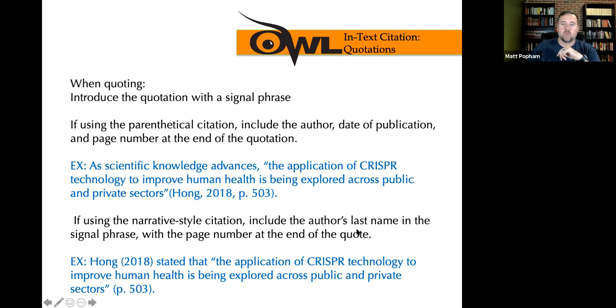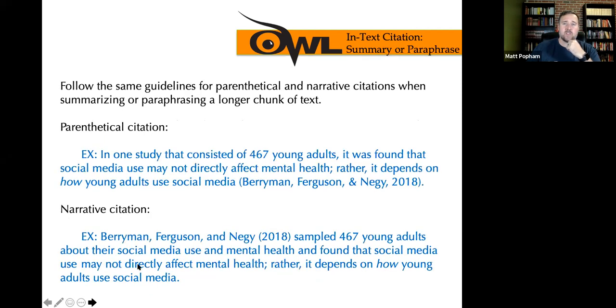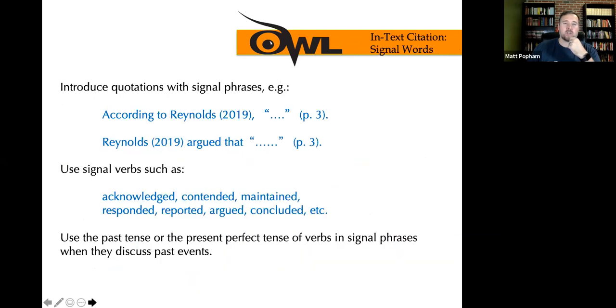So this will be a good resource for you, and I can also email it to you as well. But just keep that in mind. Two different ways to cite within your sources, and it doesn't matter how many authors there are. There's always going to be these two main ways to cite your sources.